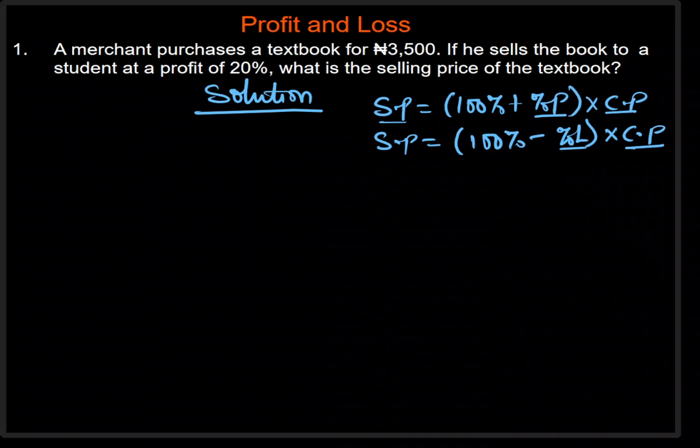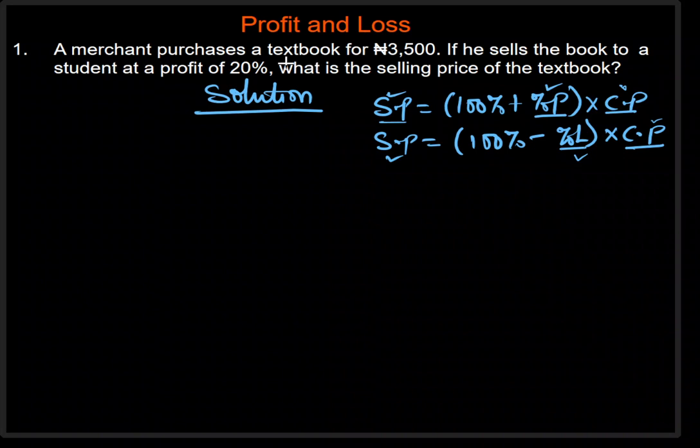And also the beautiful thing about this formula is that if the selling price is given and the percentage profit is given, then we can find the cost price. By the method of simple equation, the cost price can be missing and then we can find it. And if the selling price is given and the percentage loss is also given, we can get our cost price direct.